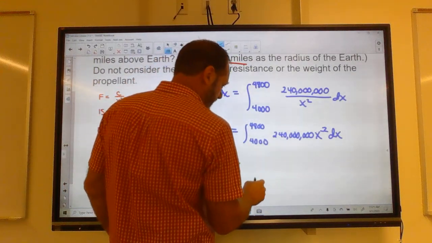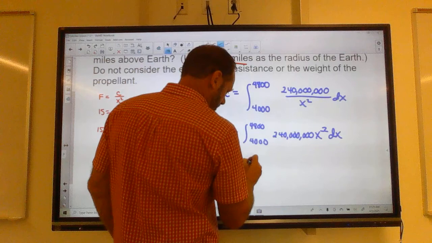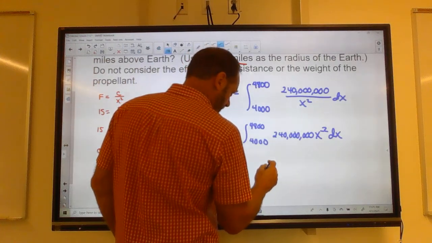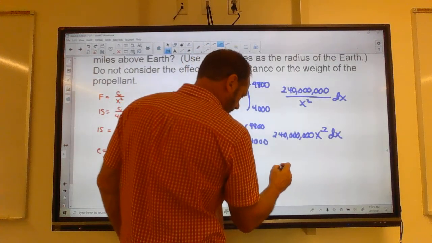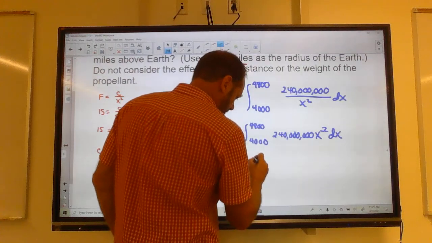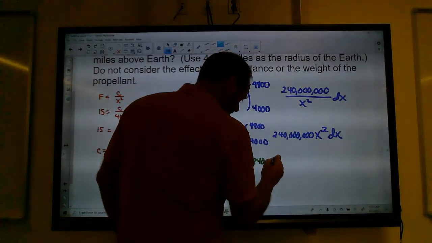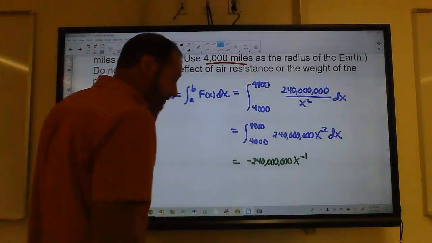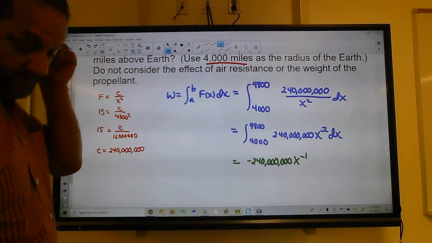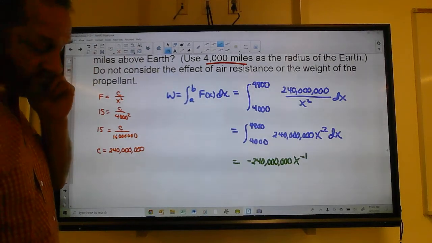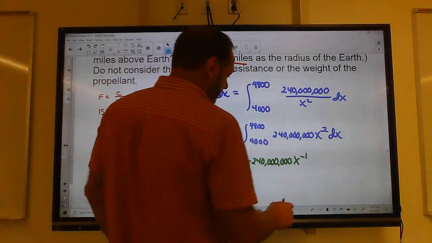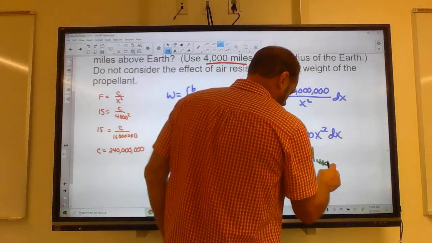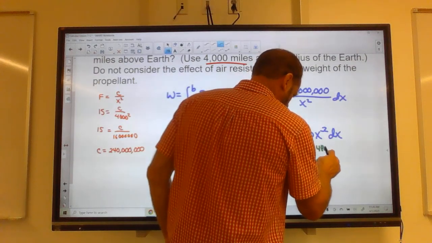And that's going to be, let's see, x to the negative 1. It's going to be negative 240 million x to the negative 1, evaluated from 4,000 to 4,800.